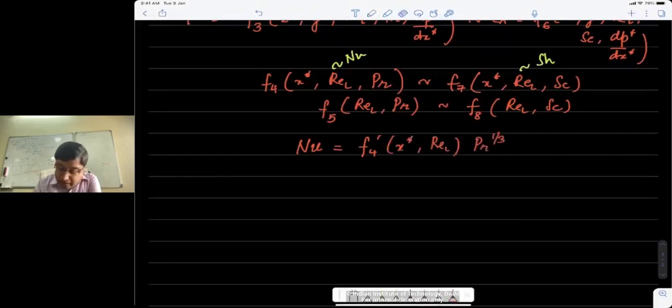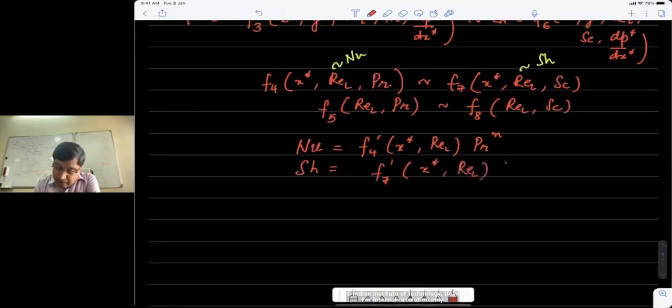Actually, I should say Prandtl to the power n, where n becomes 1 by 3. And similarly, you'll see that the Sherwood number would come out to be f7 prime, which is basically f7 in which Schmidt has been pulled out: x star, REL, Schmidt to the power n. In both cases, n is a positive exponent, and frequently n is taken to be 1 by 3. I should say n is greater than 0, less than 1.